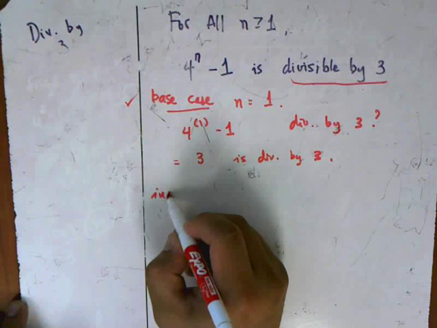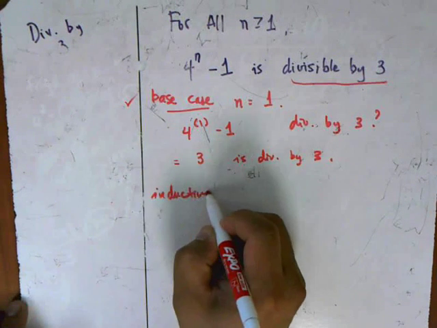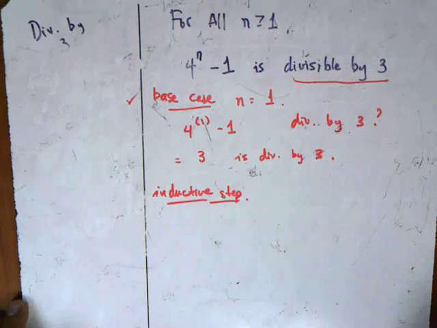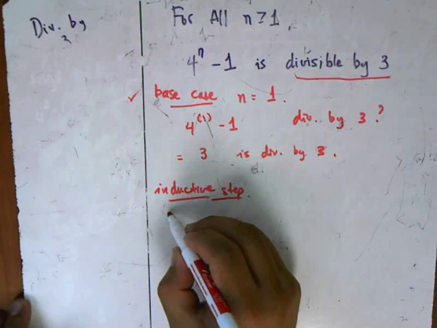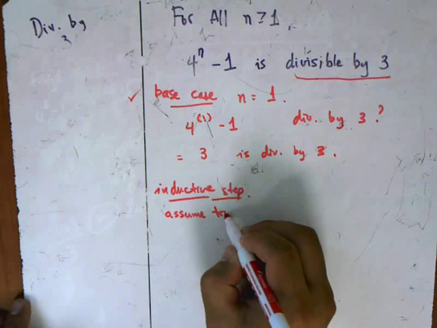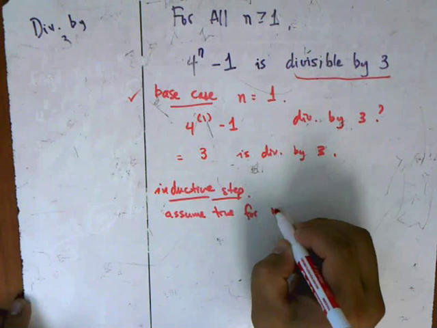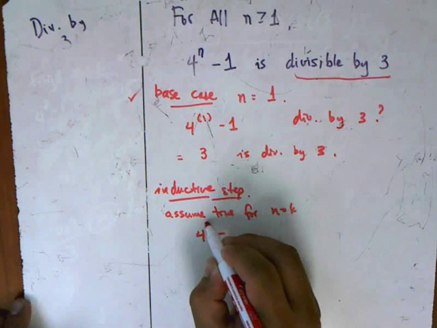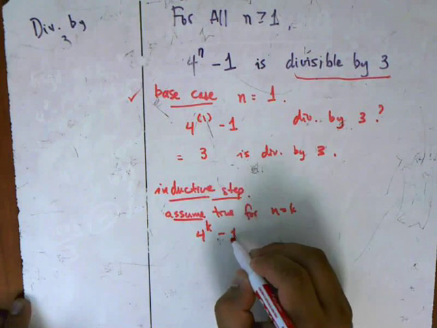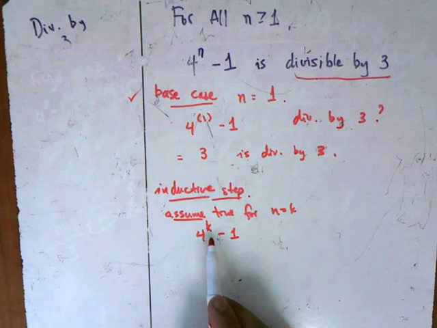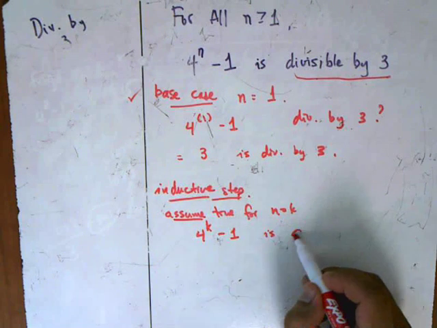Now let's look at the inductive step. This is going to be a little bit tricky. We are going to assume it is true for n equals k. In other words, we can assume that 4 to the k minus 1 is divisible by 3.